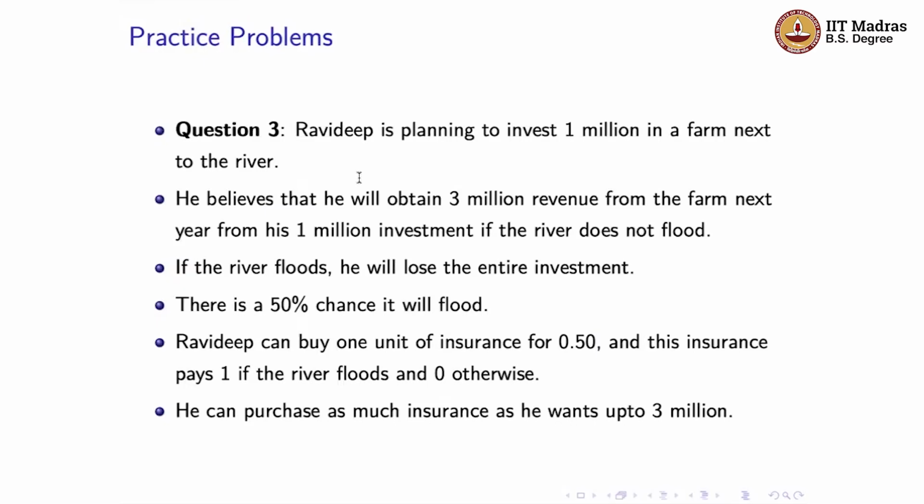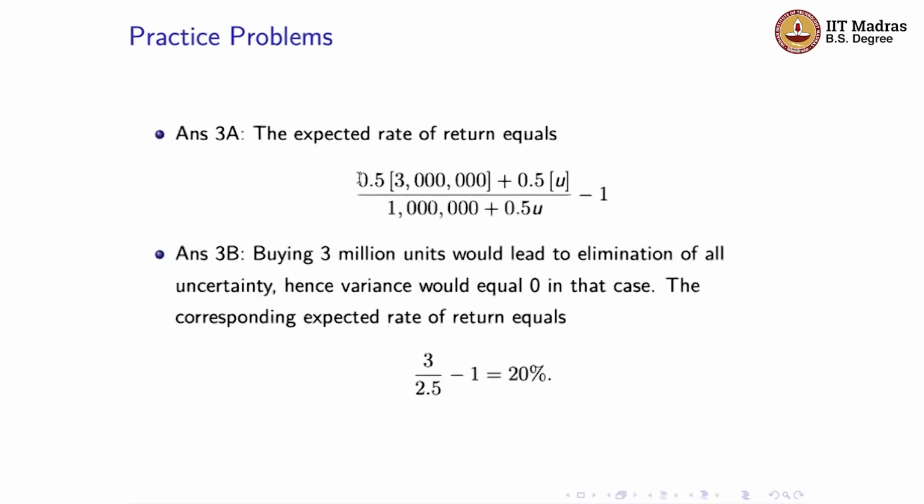Now, there's a 50% chance that it will flood, in which case he's not going to get any revenue from the farm, but here the insurance is going to kick in and he's going to get a payout from the insurance company, right? If he has purchased U units of insurance, then the insurance company is going to pay him U units of money. Therefore, his total payout if there is a flood is equal to U, and this again happens with probability 50%, so we need to multiply by 0.5.